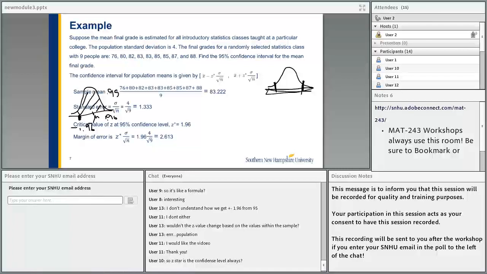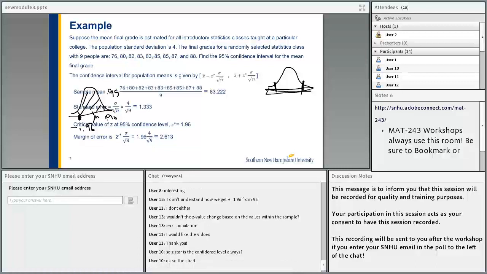The value of Z star will depend upon your confidence level. If you're talking about a 95% confidence level, then your Z star value will be 1.96. If you talk about 99%, the value will be different. So depending on the confidence level, the Z critical value will vary.